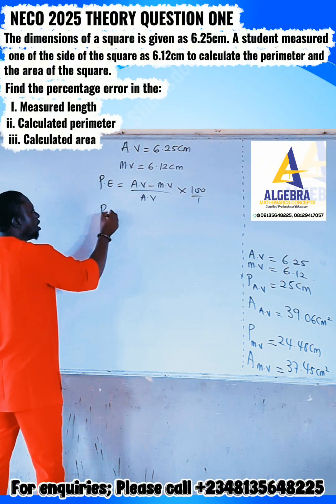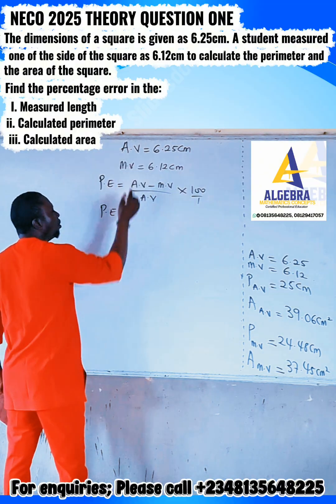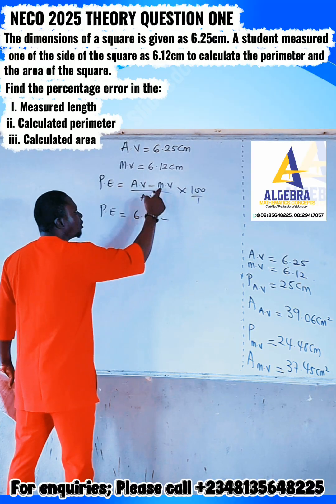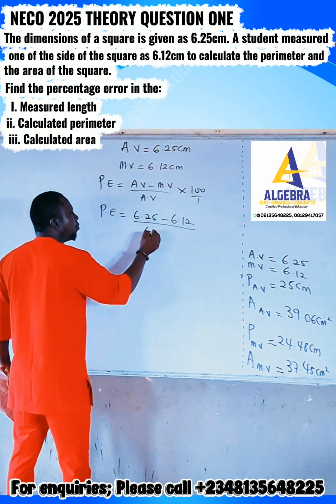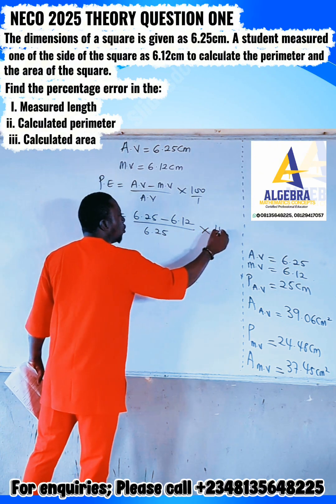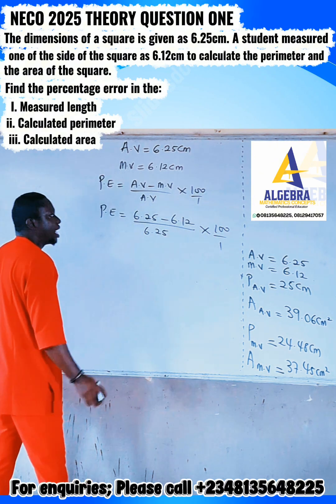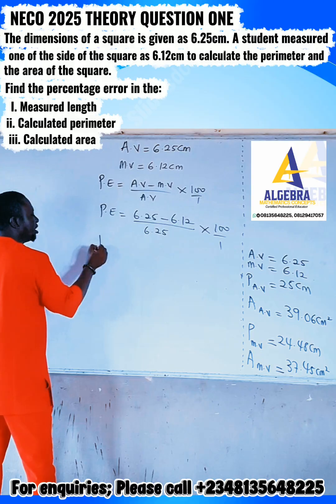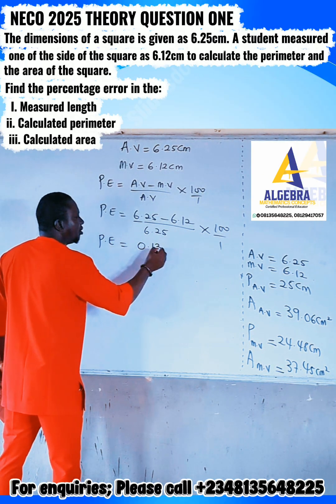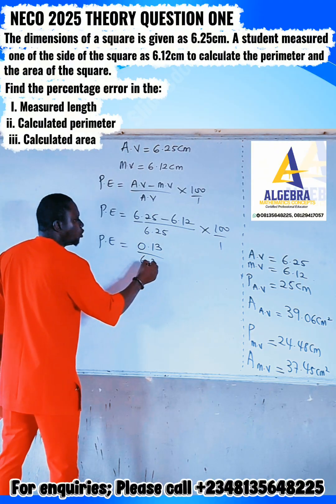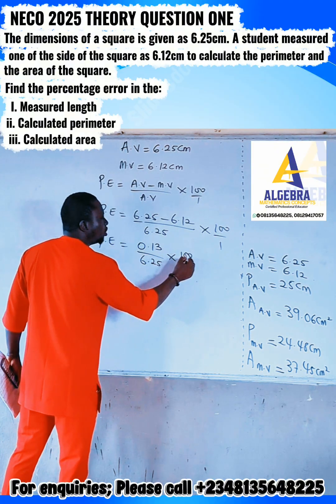So I will substitute. I have percentage error equals actual value 6.25 minus measured value 6.12, over actual value 6.25, then times 100 over 1. Let me subtract these two: 0.13 divided by 6.25 times 100 over 1.